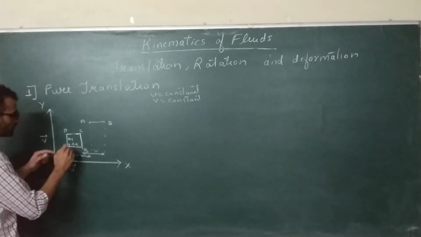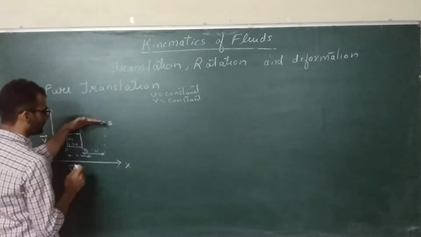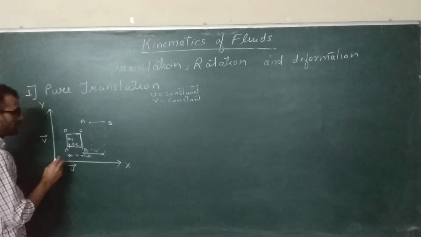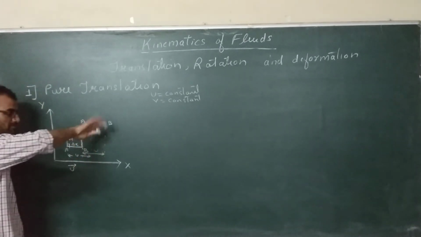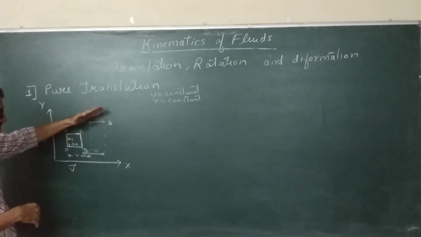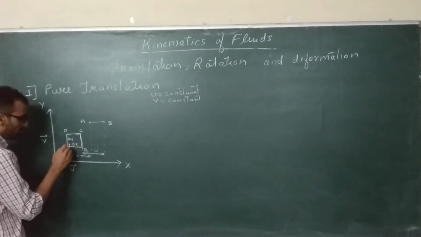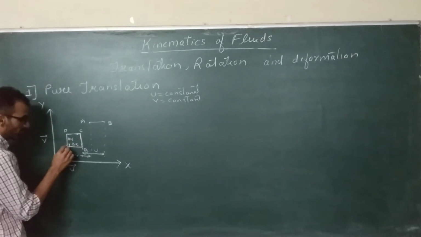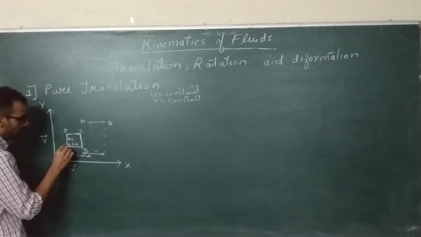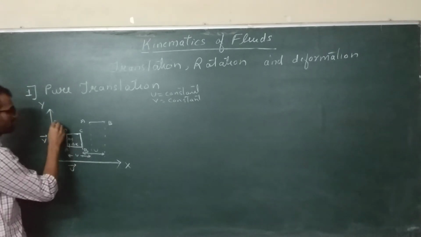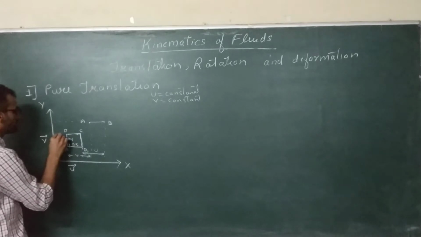Okay, what about the V? What about the vertical components of velocity, that is V? Why will AB not rotate or deflect like this? It will always move parallel, because the V component of velocity, the vertical component of velocity of A, is V. So it will travel a distance of V in vertical direction.